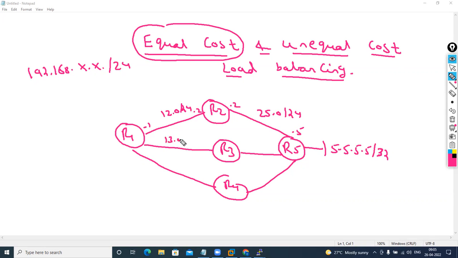This is 13.0/24, 1.3. This is 35.0/24, 3.5. This is 14.0/24, 1.4. This is 45.0/24, 4 and .5. So if the feasible distance is the same via R2, via R3, via R4, by default it will do load balancing on all three paths. First, we'll execute this, then we'll see how to do unequal cost load balancing.